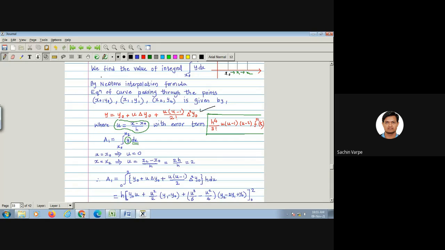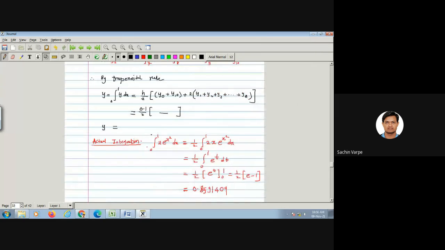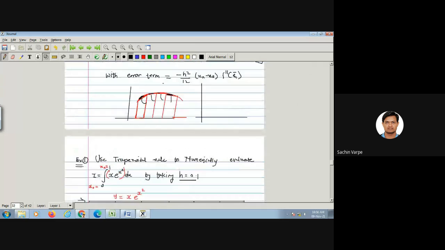Yes. That means what we are trying to do, we are trying to convert the given curve, which curve? This curve into small arcs instead of lines as we did in trapezoids. Suppose for this particular subinterval, we are converting this arc into some standard arc like this.